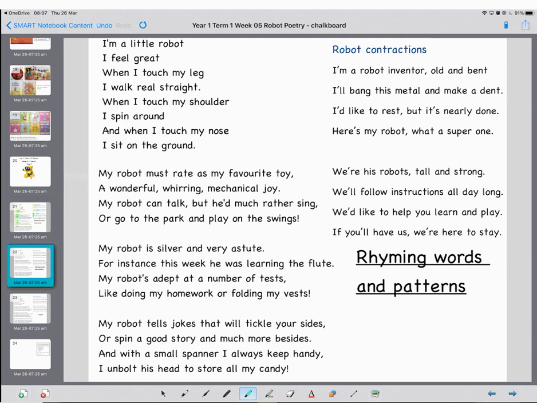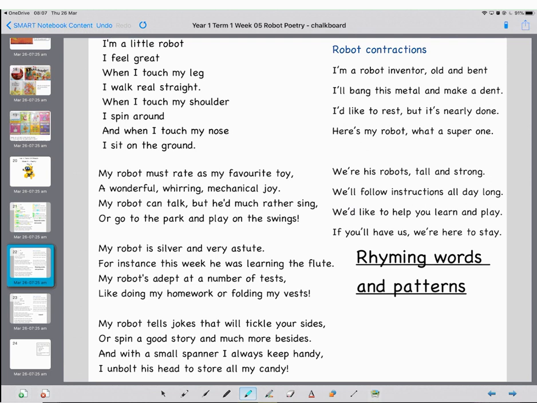Okay, so another feature of poems, and this is probably the one you know, is rhyming words. So this time I'm only going to do the first half of the first poem, and then you can get on and do the other ones. Rhyming words usually are at the end of a line or at the end of every other line, and they don't have to look the same, although they sometimes do, and that's called an eye rhyme.